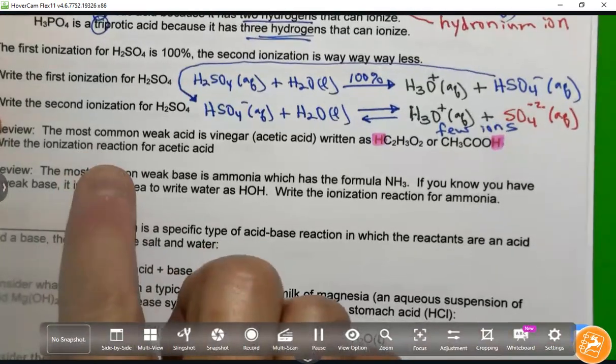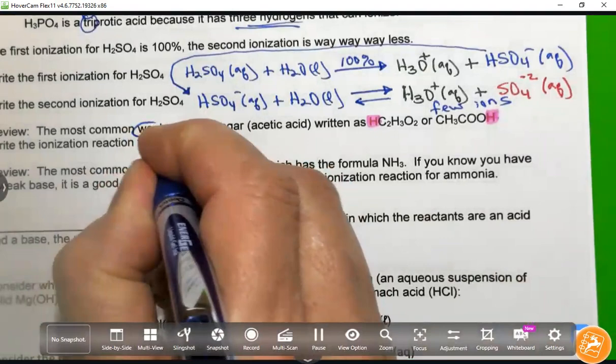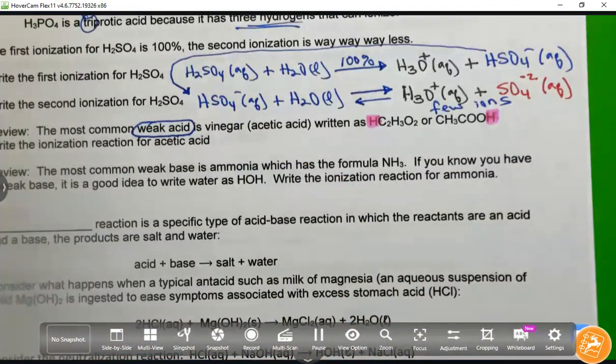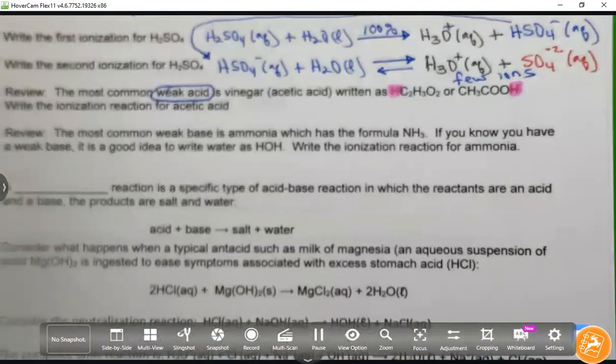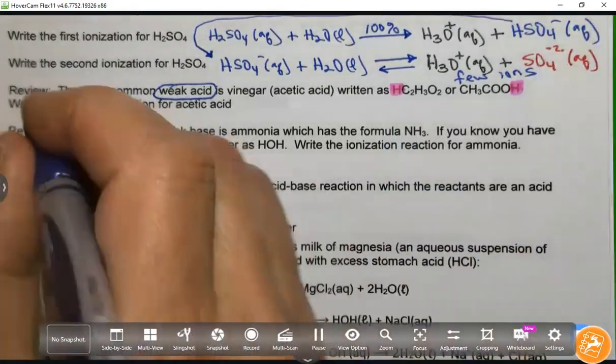Okay, it says write the reaction for this acetic acid. If it is a weak acid, very few hydrogens are going to come off.